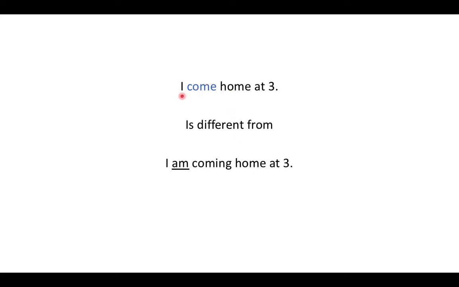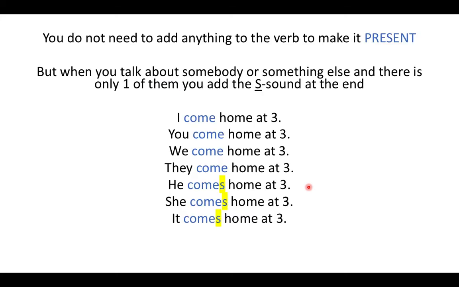This one, I come home at 3, means you do it every day or you do it a lot. I am coming home at 3 would mean that you are doing it just for today. So somebody could ask you, what time are you coming home? You could say, I am coming home at 3. And that's what that means.